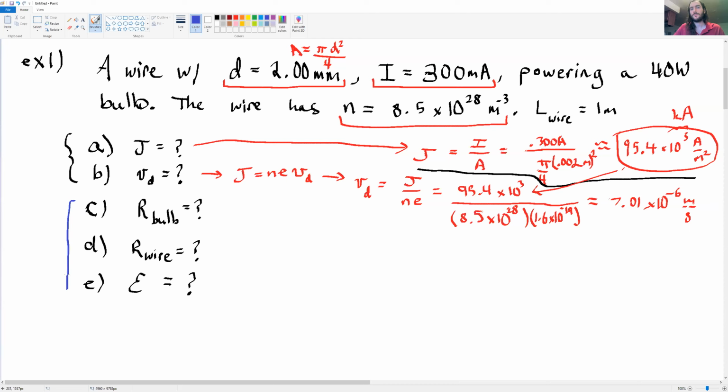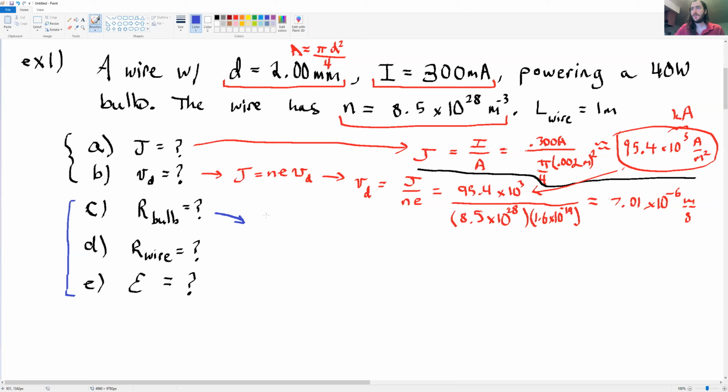So we need to remember that for a bulb, well, number one, the resistance of a bulb changes, right? As the bulb heats up and turns on, its resistance goes up as a function of temperature. Not something we're going to be tested on, but just a fact, right? So what's the best way to calculate the resistance of the bulb here?